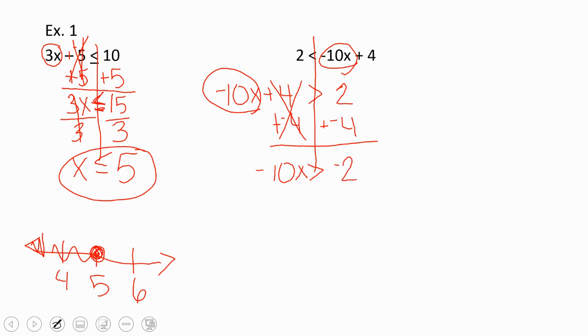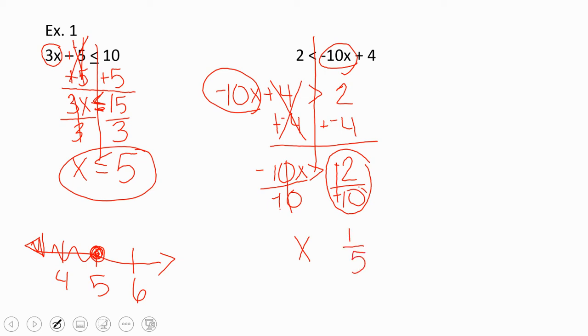All right, our last step is divide by negative 10. Negative 10 divided by negative 10 is positive 1. Remember, a negative and a negative gives you a positive. And we can simplify that fraction to 1/5.